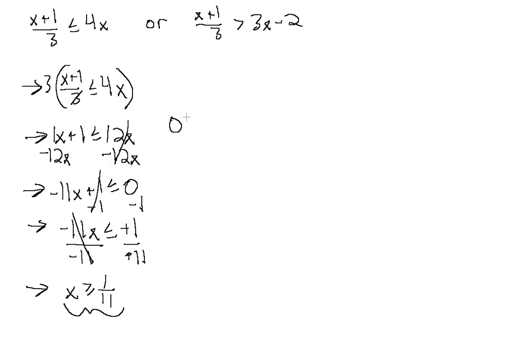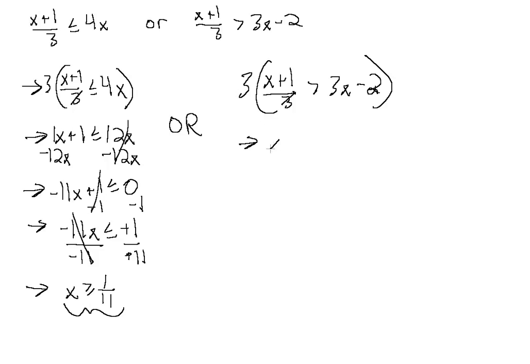The next one, this is an OR problem. The next one is (x + 1)/3 is greater than 3x minus 2. This looks pretty similar, and we'll actually start it out the same way. Let's multiply the whole inequality by 3. That'll cancel the denominator here. So we have x plus 1 on the left-hand side, greater than, now we have an expression over here, not just one term, we have 2 terms over here, so we're going to have to multiply both of these by 3.